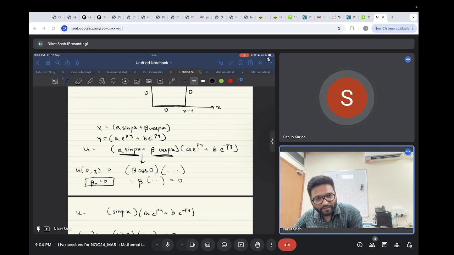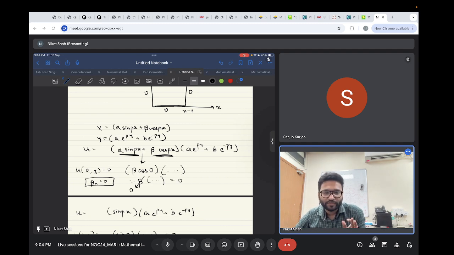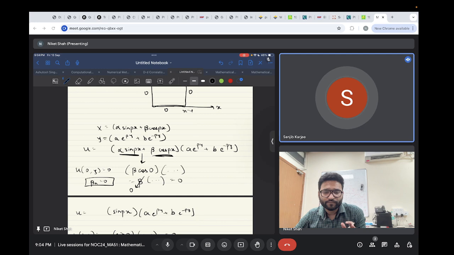Is that clear? Because of this, I come to know that beta is equal to 0, so cos goes away.